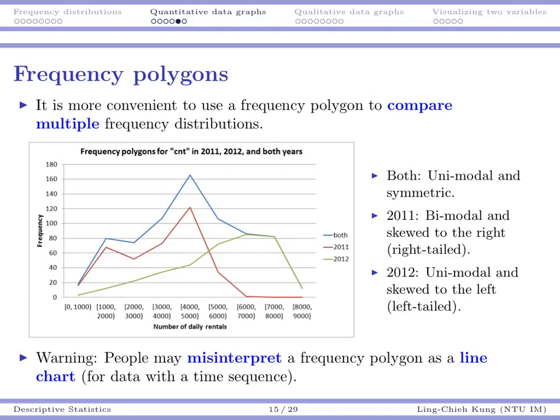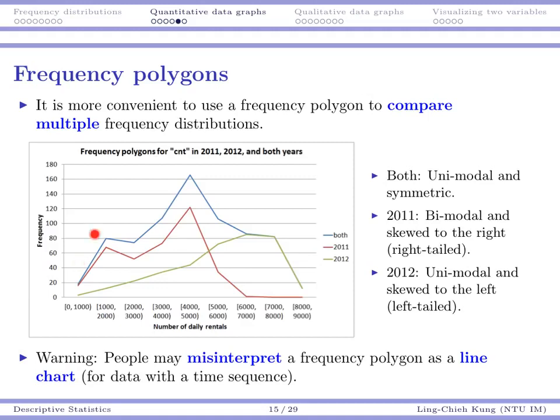But of course, there can be some differences. One is that if you want to compare multiple frequency distributions, then using a frequency polygon would be much easier. Okay, just like in this example, suppose that I want to depict the frequency distribution for my CNT column in 2011, 2012, and in the 2 years altogether.